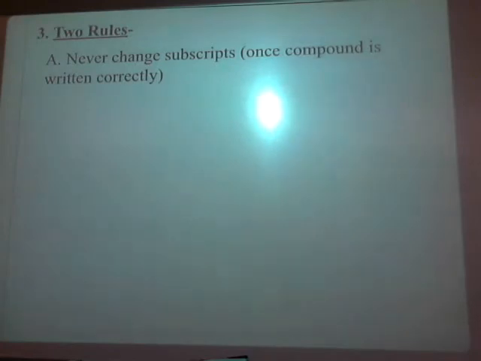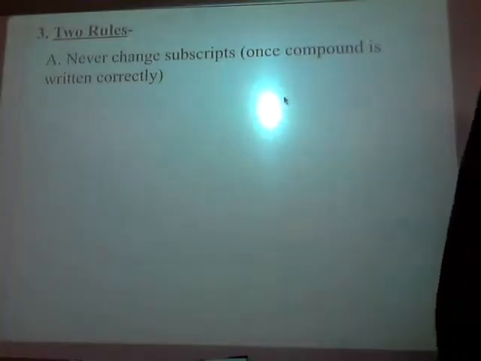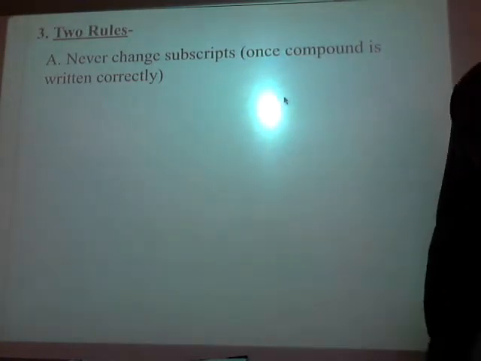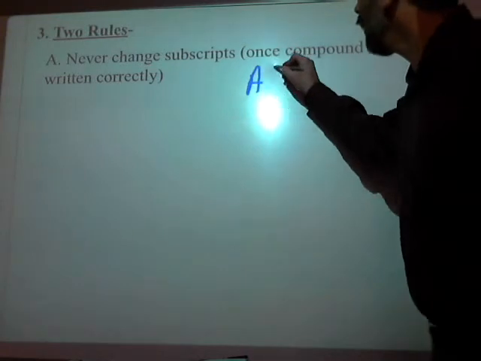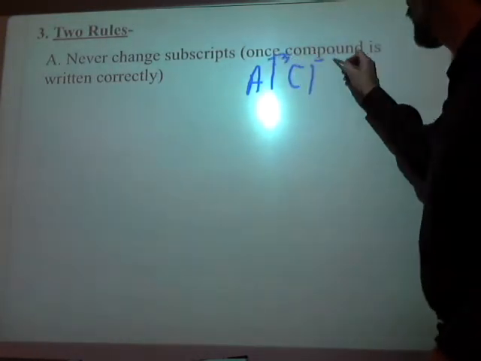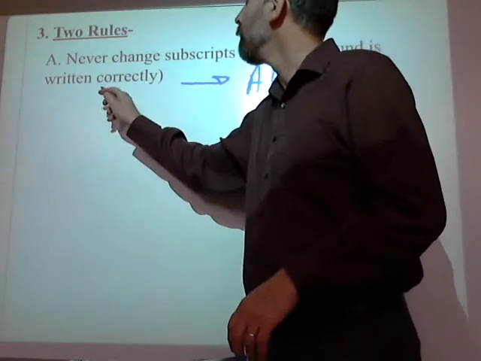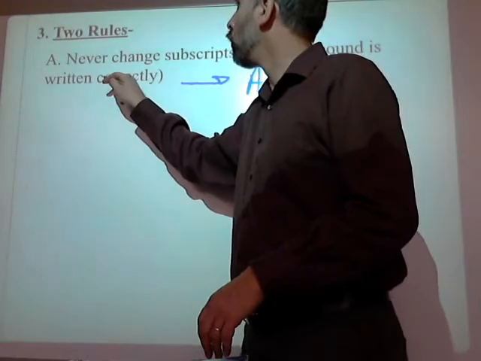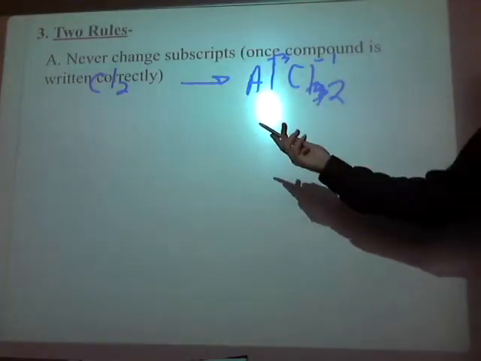And by the way, you know people, sometimes they hear about this. When I write that, here's what they hear. So you can never use subscripts. Okay. No! I didn't say you can never use subscripts. If you have Al and Cl together, he's +3, he's -1, he gets that subscript. I'm saying this. If on the other side I've got Cl2, I can't just change that to a 2 to make myself happy.